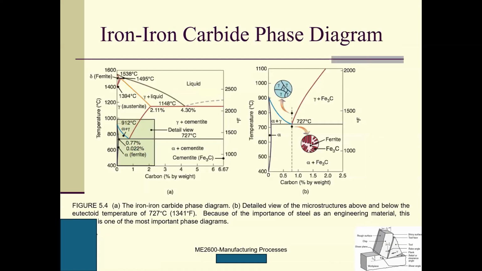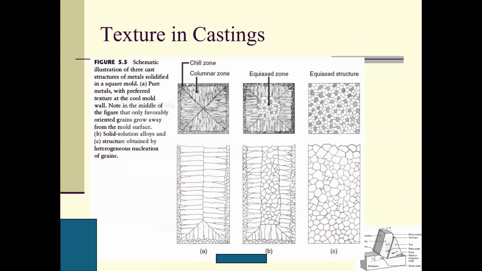This is the phase diagram, phase change. And the texture in casting. So here, these are the three casting structures of metal solidified in a square mold. The first one is the pure metal, and we see the texture at the cool mold wall.